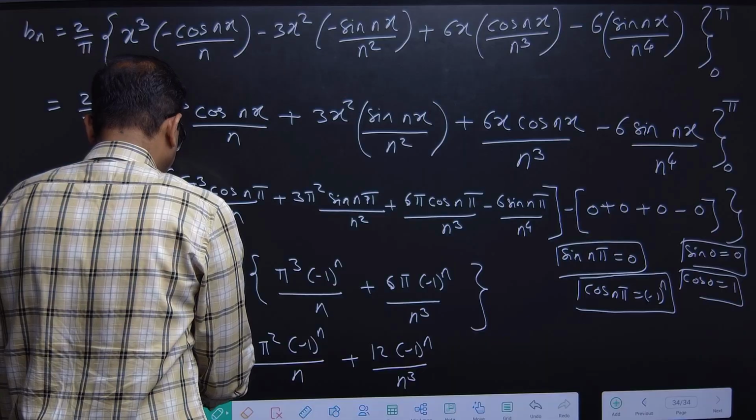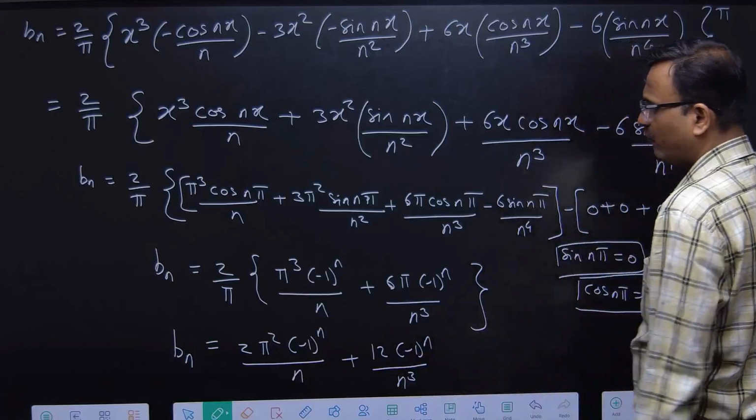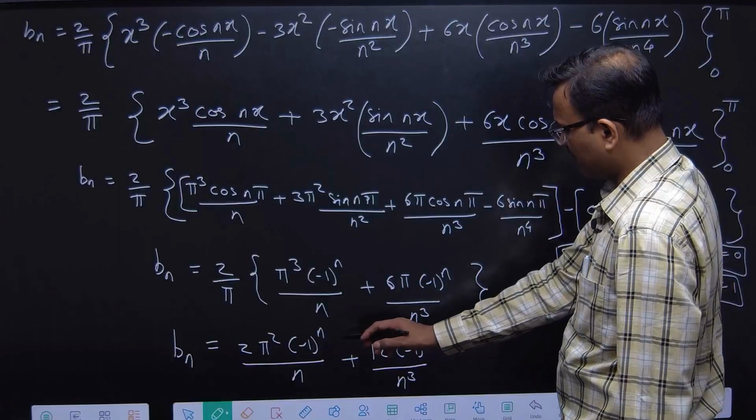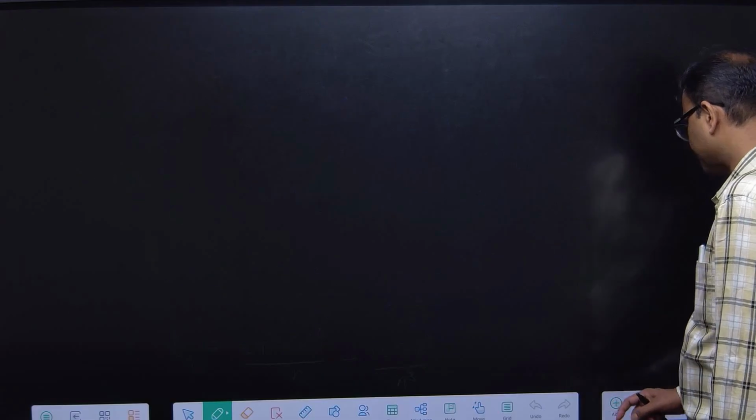Once we have got Bn, we'll substitute that in the formula of Fourier series. We have got Bn as 2 pi square minus 1 raised to n upon n plus 12 minus 1 raised to n upon n cube.